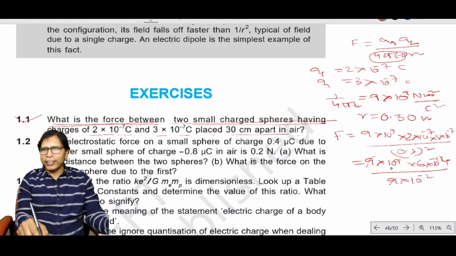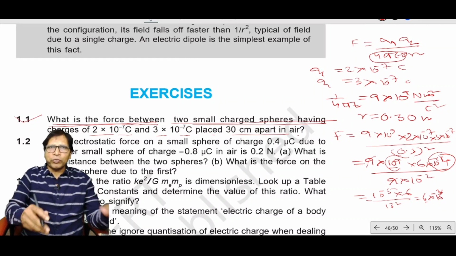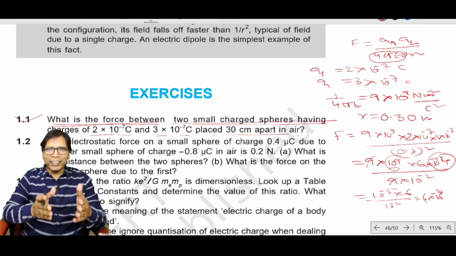Now 10 to the power 9 and 10 to the power minus 14 give 10 to the power minus 5 into 6, divided by 10 to the power minus 2. So 6 into 10 to the power minus 3 Newton is the force of interaction between the two charged particles.